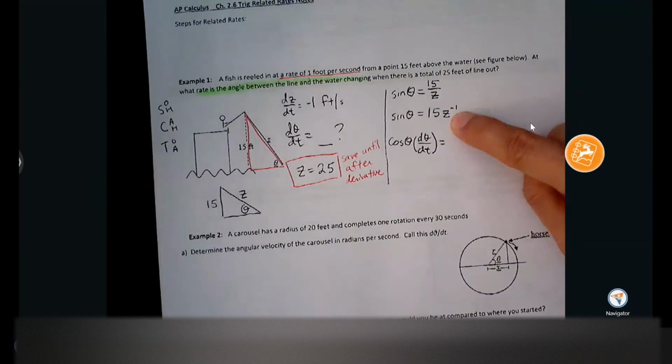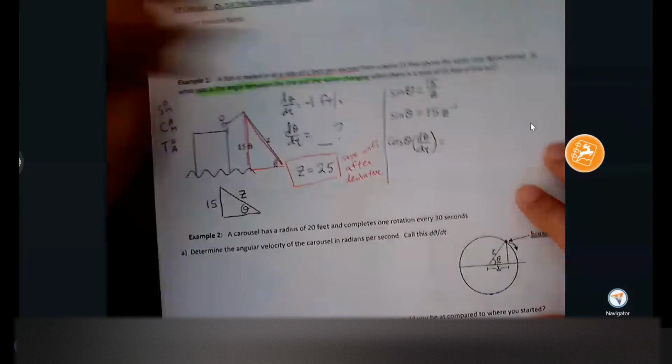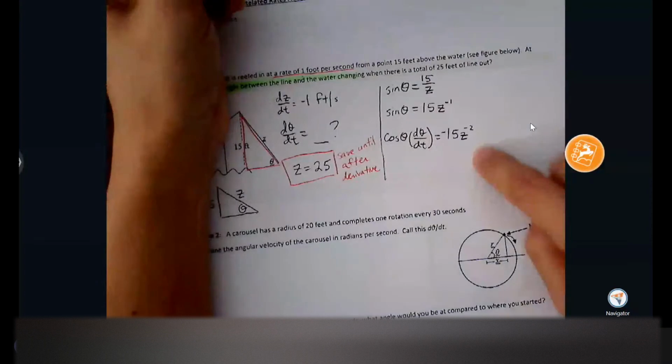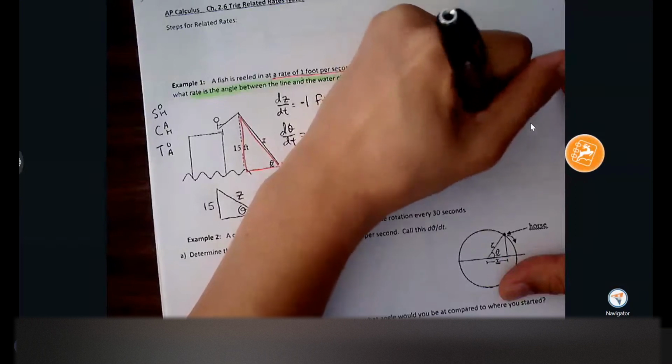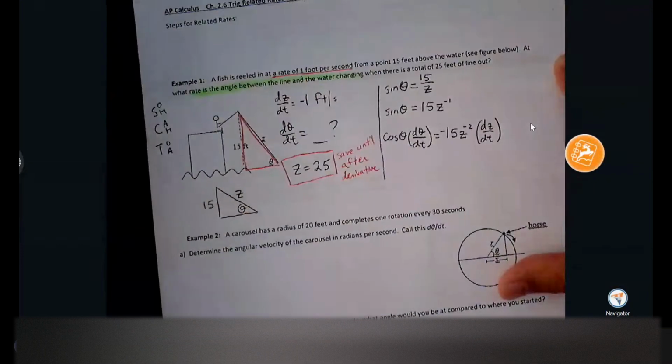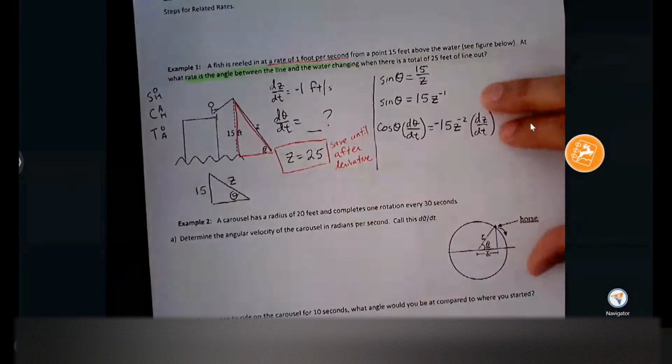Okay, go through power rule here. Bring down the -1, subtract 1 from the exponent. We found the derivative for z, so we need a dz dt. Okay, so this is the one calculus step in our problem.